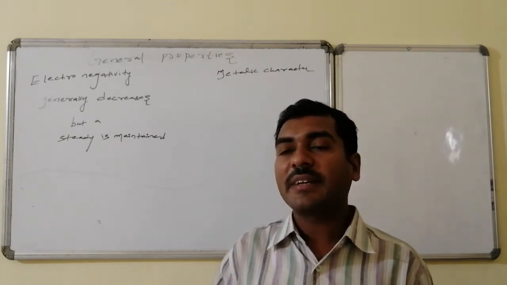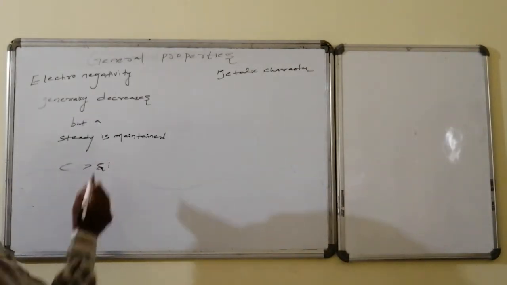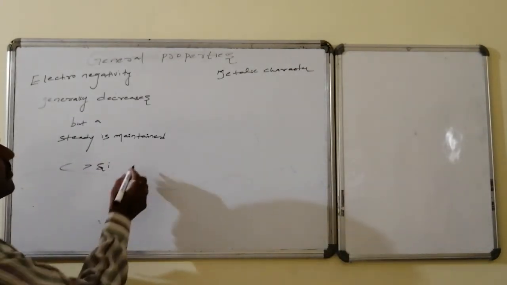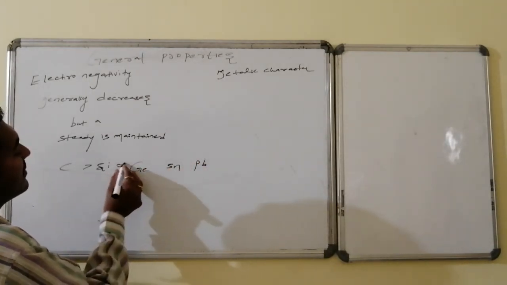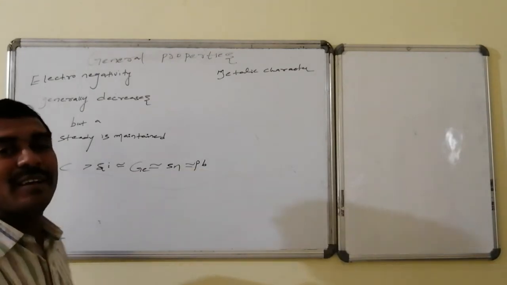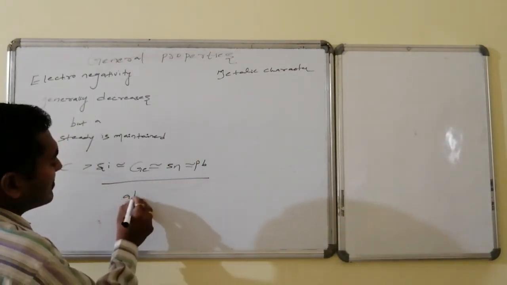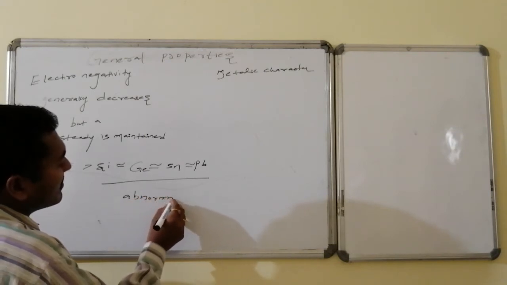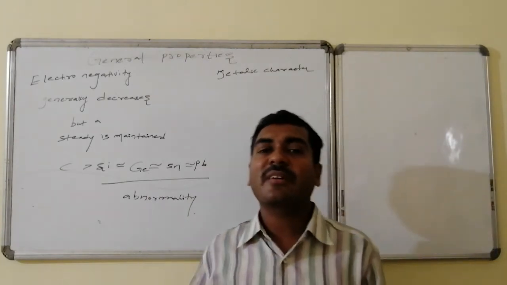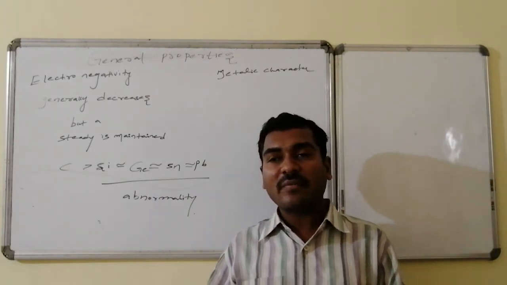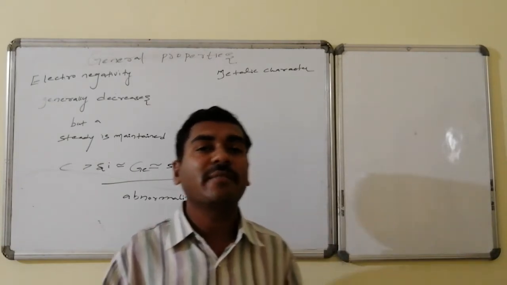Carbon has higher electronegativity compared to silicon, but germanium, tin and lead approximately maintain the same electronegativity. Thus it is an abnormality. From silicon onwards, all are maintaining almost equal electronegativity.